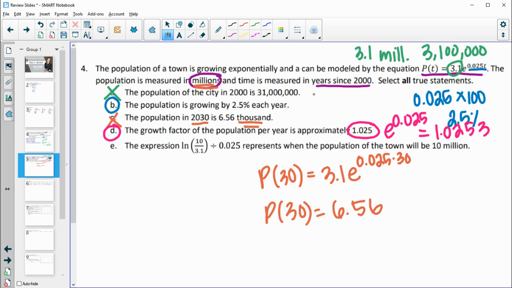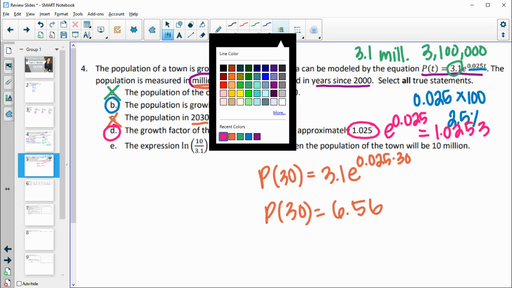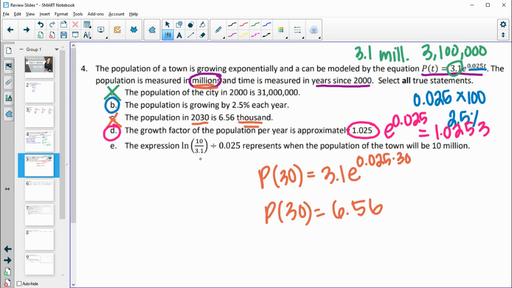Then E, the expression ln of 10 divided by 3.1 divided by 0.25 represents when it'll be 10 million. So we would plug 10 million in for P of t. Then we have 3.1 e to the 0.025 t. So we can divide by 3.1.